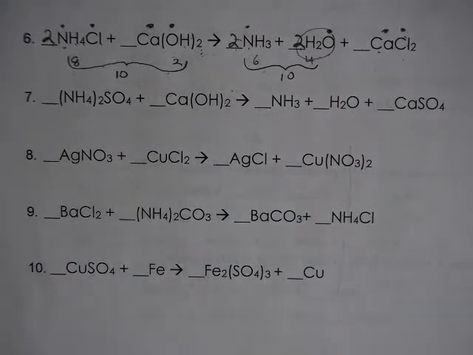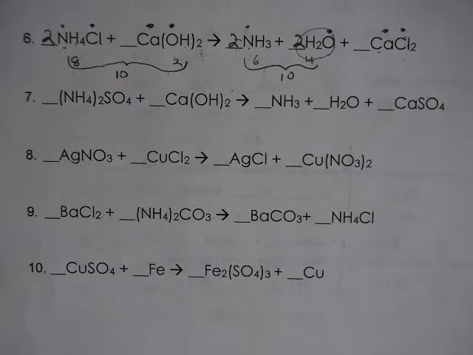In some ways, yes, it's very similar to 6. But apart from that, what do you notice about the things we're dealing with? On the left side, it has 2 polyatomic ions. Plus different elements.